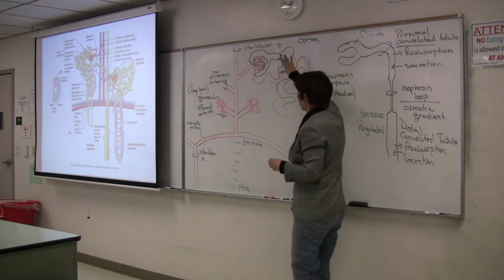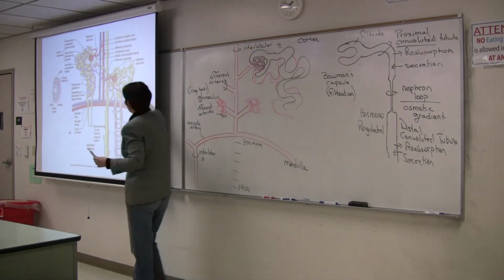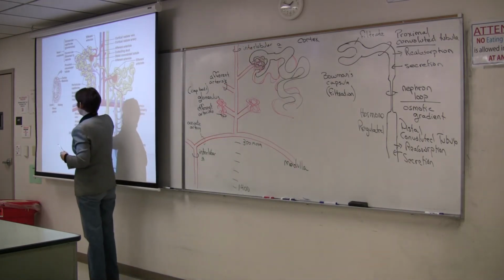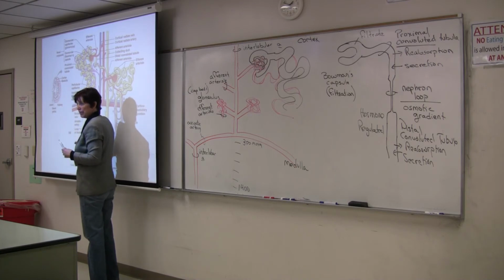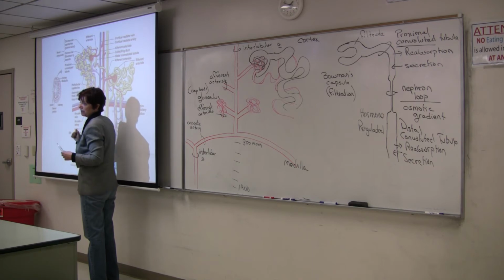Now, if it's a nephron that's quite a ways from the arcuate artery, its nephron loop may not dip down into the medulla, and it's going to function just in that reabsorption and secretion.